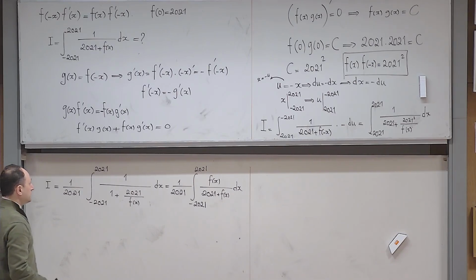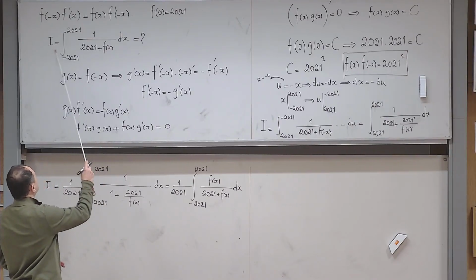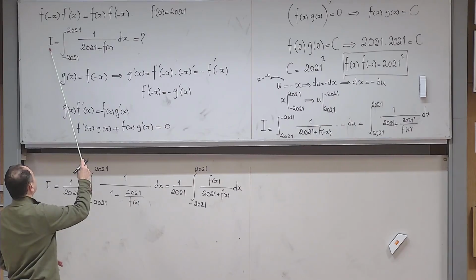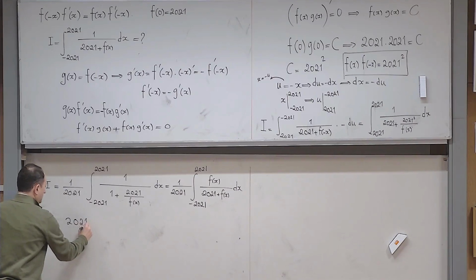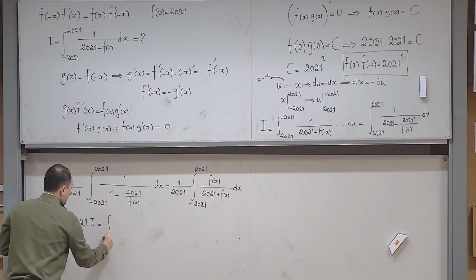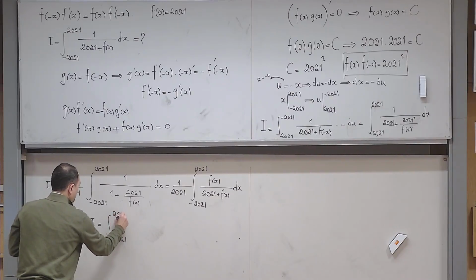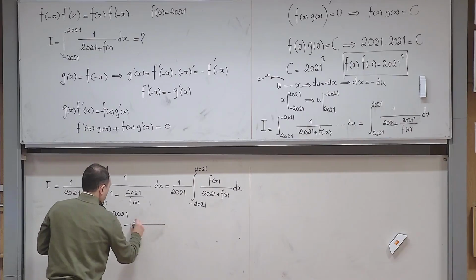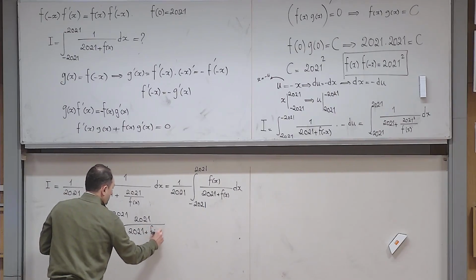Okay. What I want to do, I want to take here and multiply everything by 2021. You will see why. I hope that you already can guess why. Yes, 2021 I is equal to the integral from minus 2021 up to 2021. Then the numerator becomes 2021 divided by 2021 plus f of x dx.